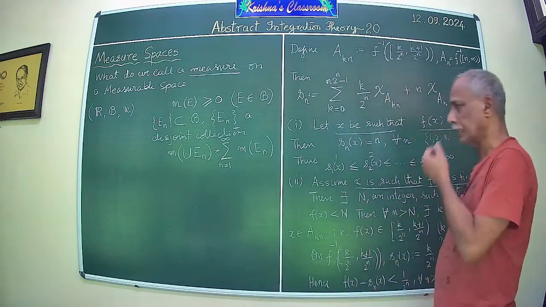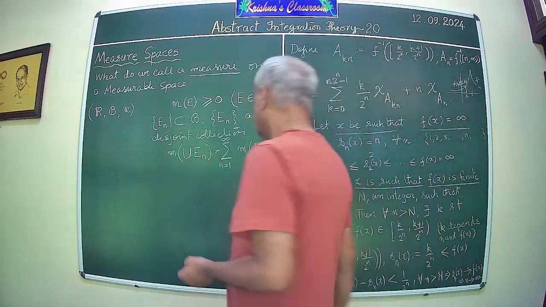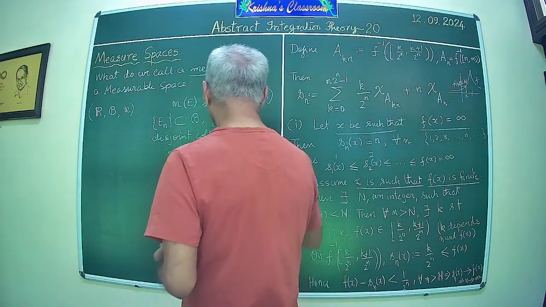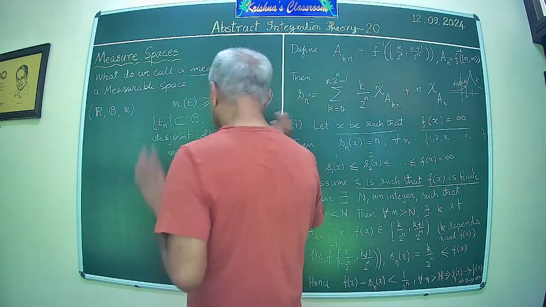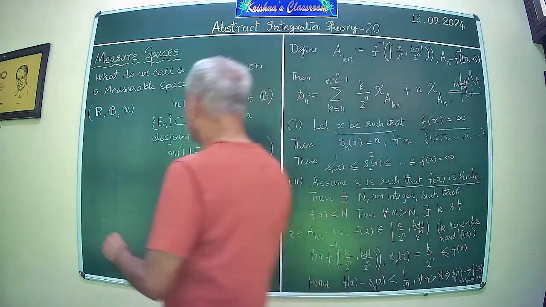So the measure of the union is equal to the sum from n equal to 1 to infinity of the measure of E_n. So this is what is called countable additivity.